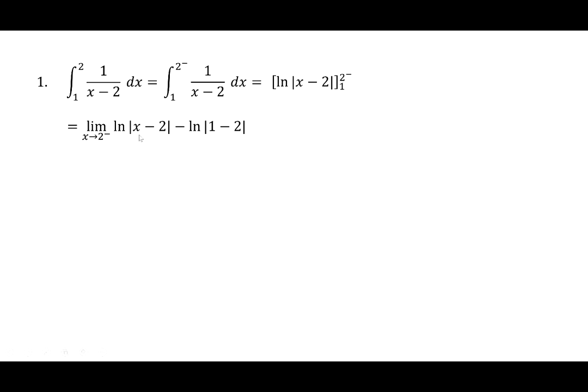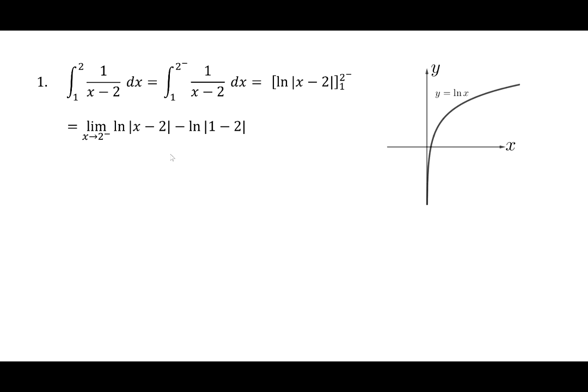If we had taken x to be even closer, that is 1.9999999 like that, we are talking about natural log of 0.000001. What is that equal to? Well, it doesn't equal something, but it approaches something. So for that, we should look at the graph of natural log of x itself.